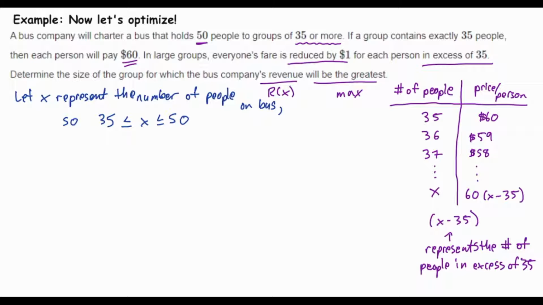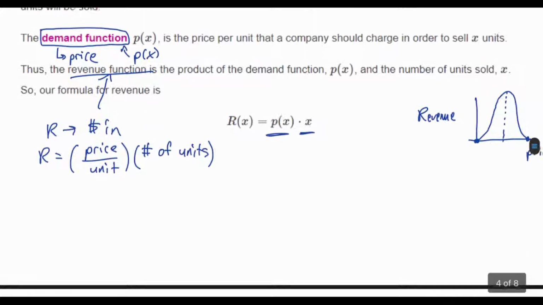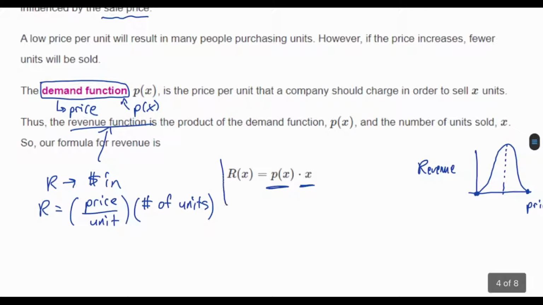And we need to know our revenue function. We need R of X. And what do I know about revenue? Well, thinking back to our previous videos, let's scroll up and see what we know about revenue. Oh, look, here's our revenue function.